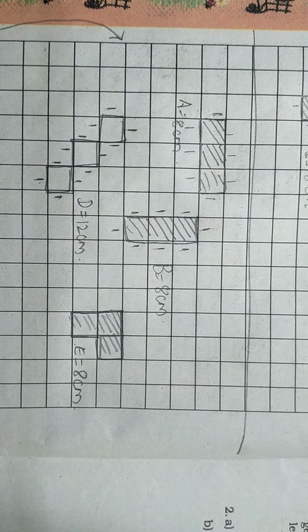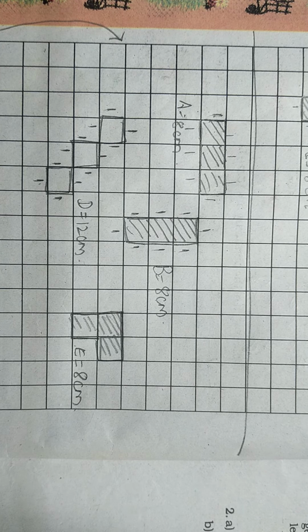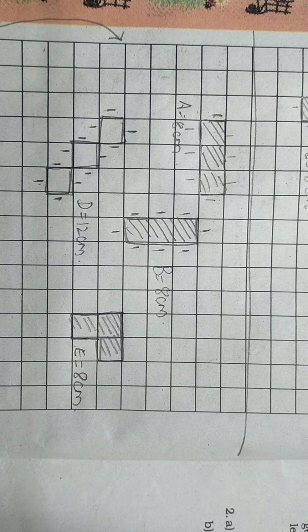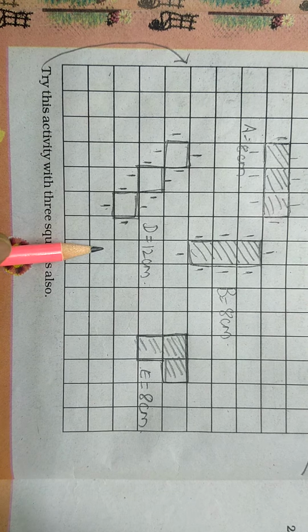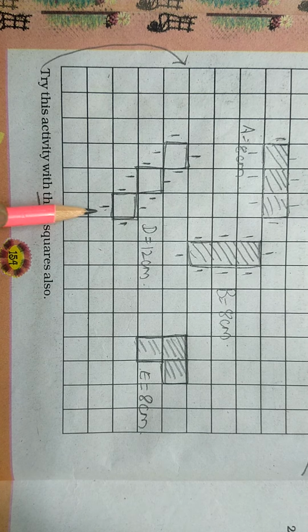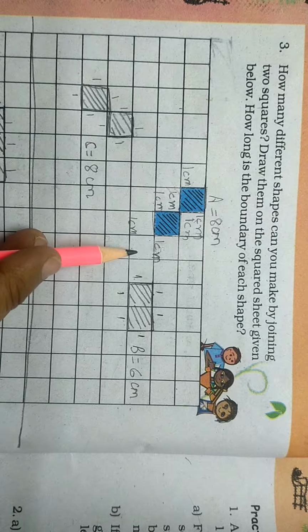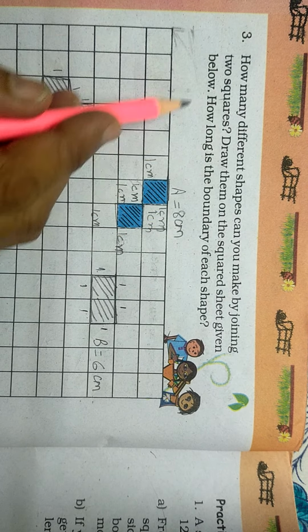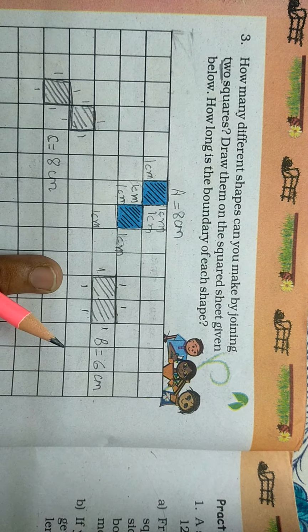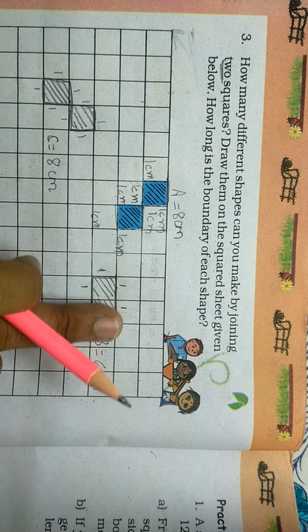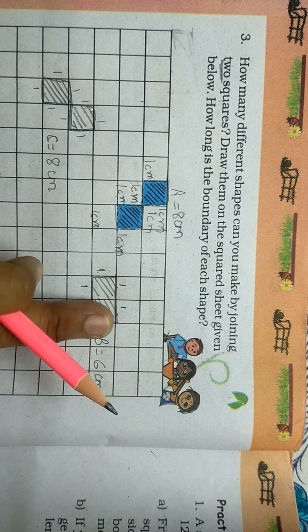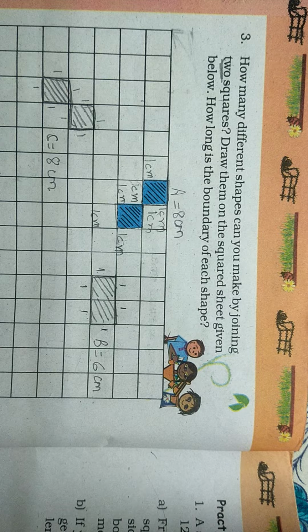Right? So this is about the page number 153, 154. B is given, where we have to take the 2 squares. It is written here 2 squares. So I have taken the 2 squares, and after that we have found out the length of the boundary of these shapes.